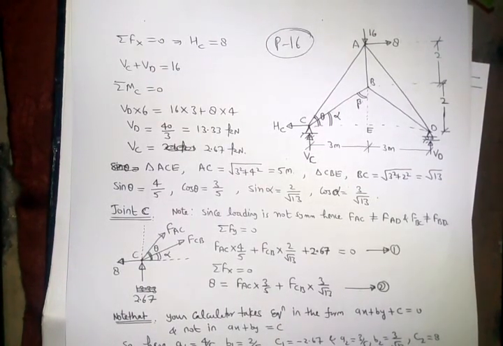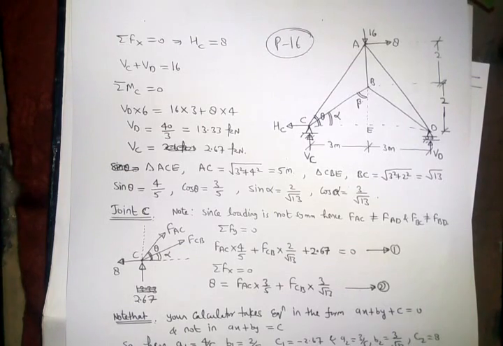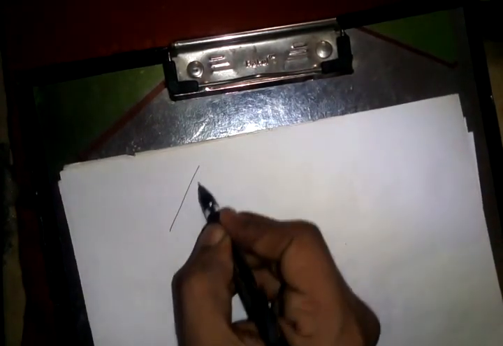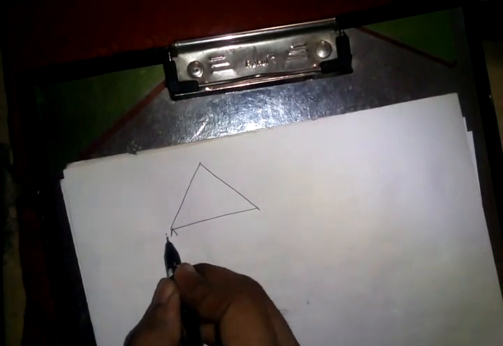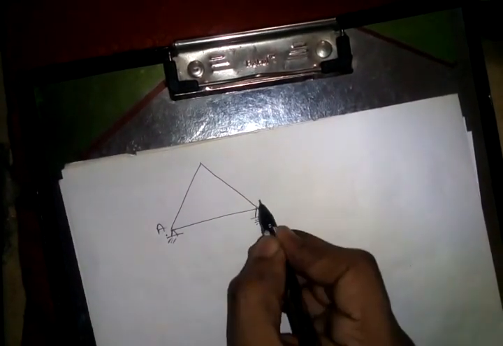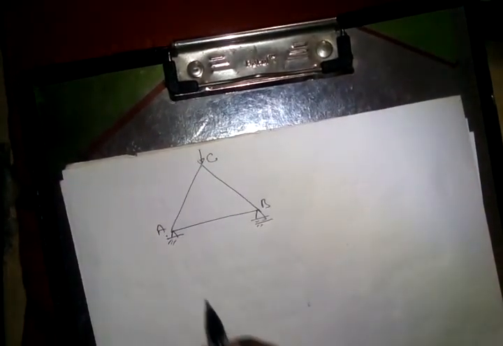Now take the joint. Dear friends, before starting the analysis, let us see this thing. In case of trusses, if this is a truss, this is A, this is B, this is C, right? Some loading is there, right?